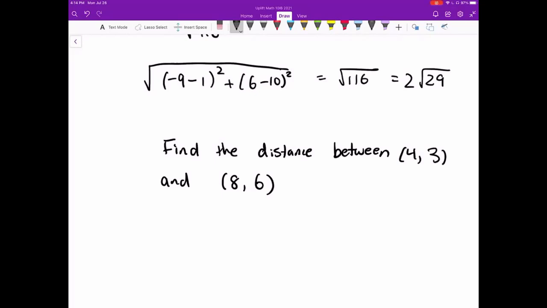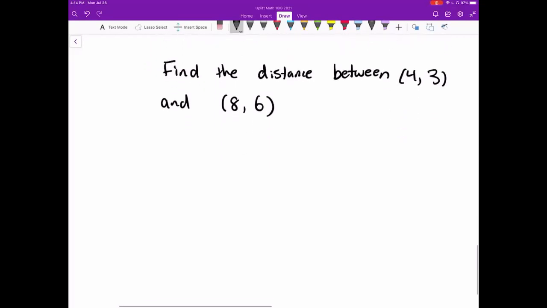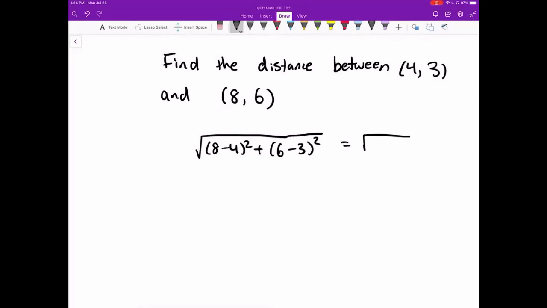Yes. Yep, that's correct. Good job. Okay, so when we plug in the points, we see 8 minus 4 squared plus 6 minus 3 squared, which is square root of 25, which is 5. All right, awesome.